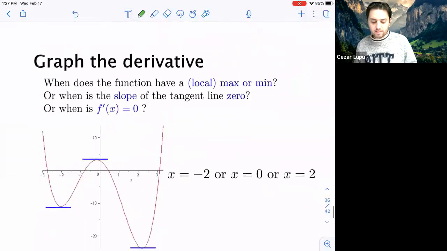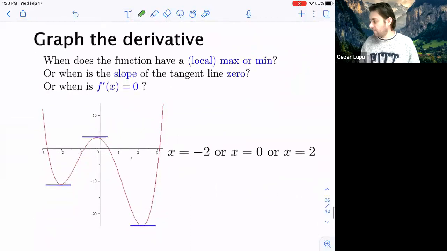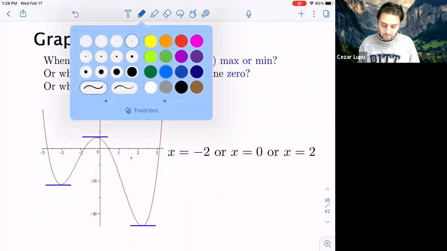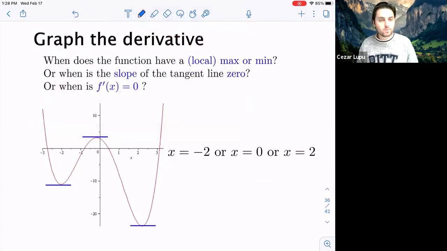But now let's say a few words about what happens when the derivative is actually 0. So in other words, we have local extrema, or you can say local max or min. When f prime of x is 0, just look here. At 0, at -2, the graph flattens, and here at 2.